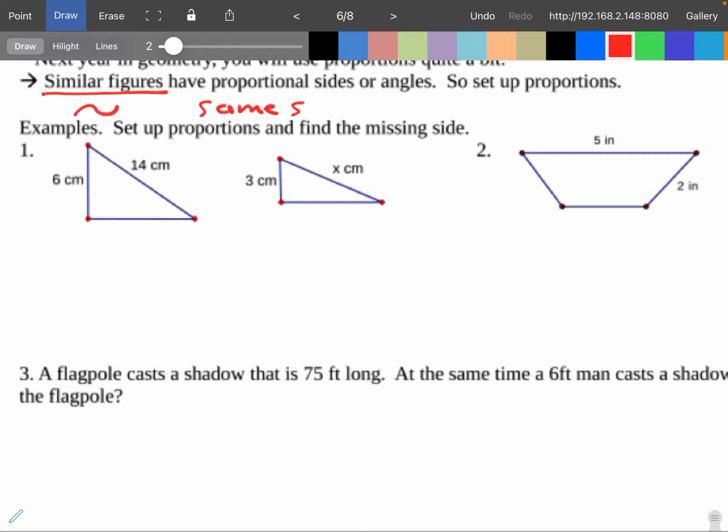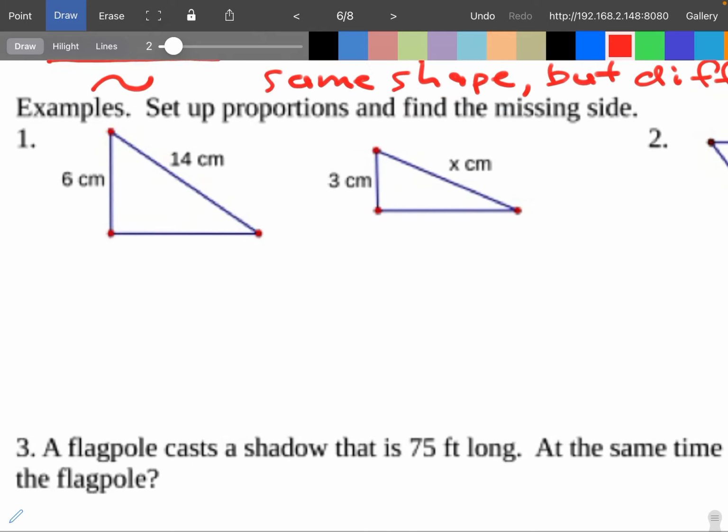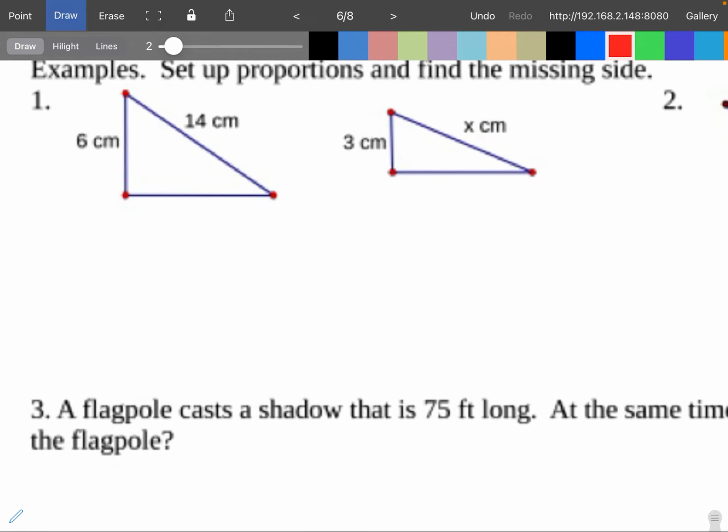And what similar means is the same shape but different size. So similar means the same shape but different size. And then we can go right into doing these examples.